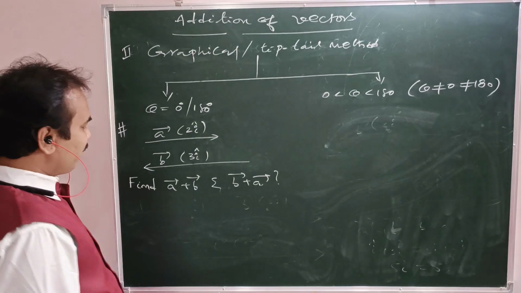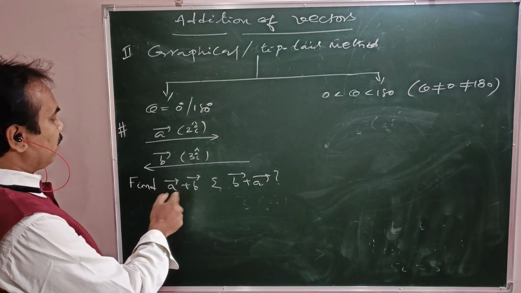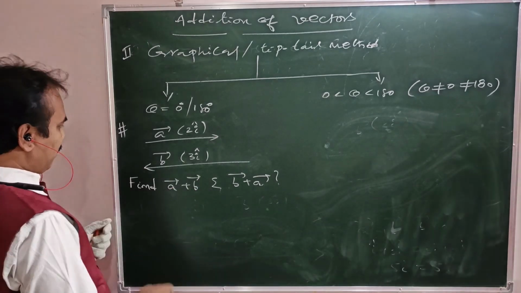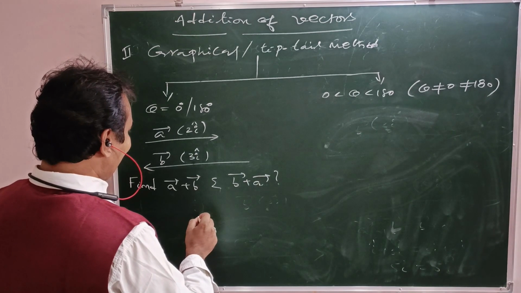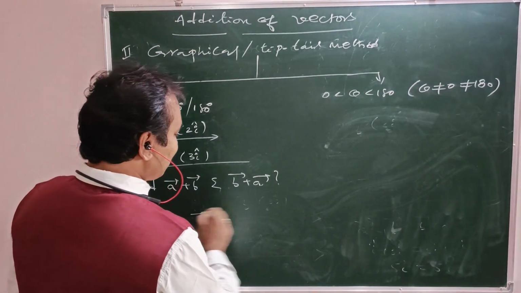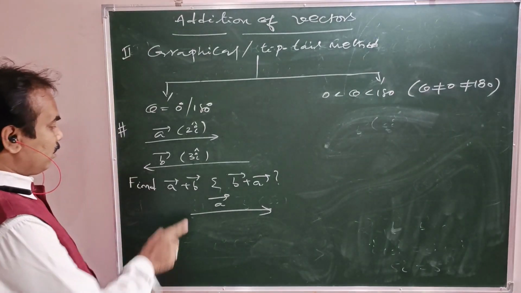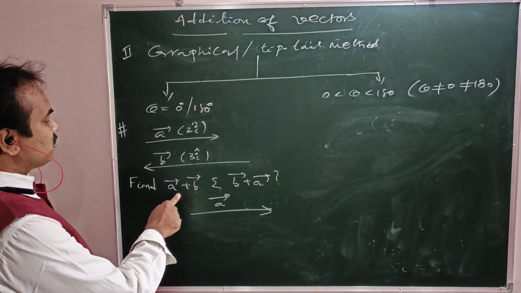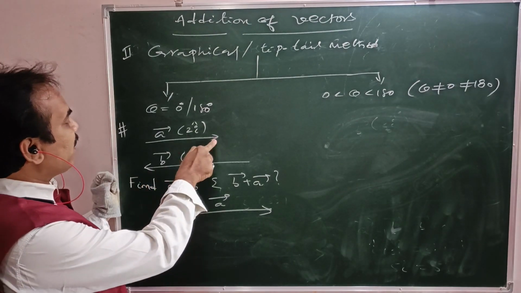A bar plus B bar means add B bar to A bar. Add B bar to A bar means take A bar as it is. This is A bar. Now add B bar to A bar means the tail of B bar is to be connected with the head of A bar.